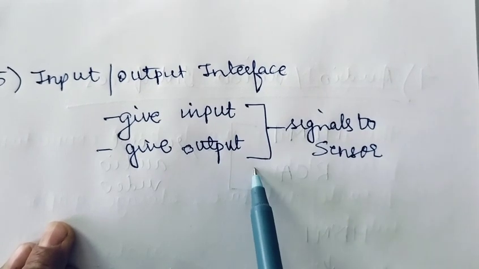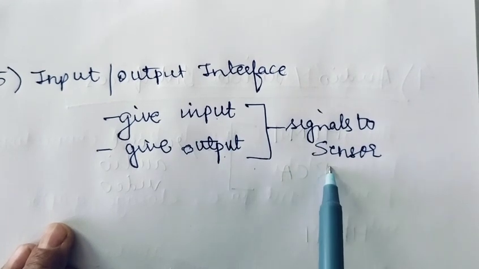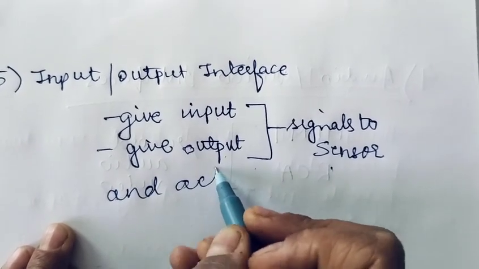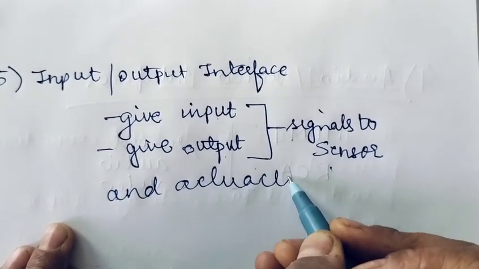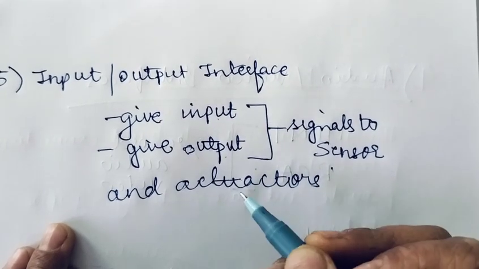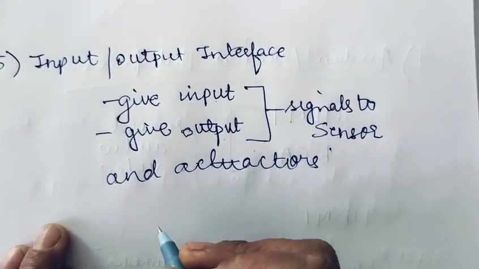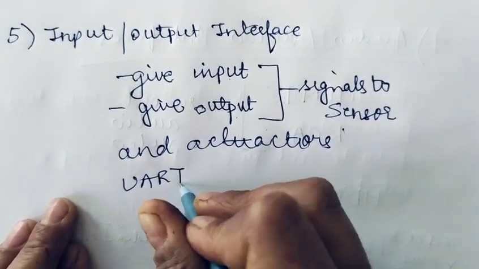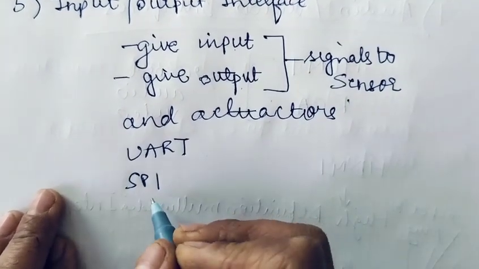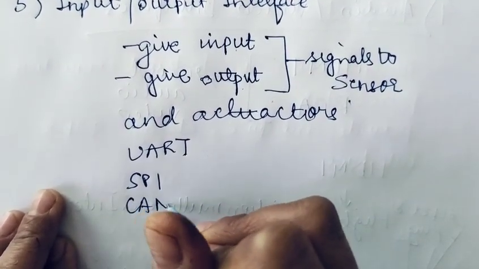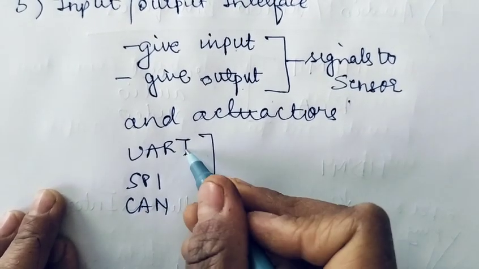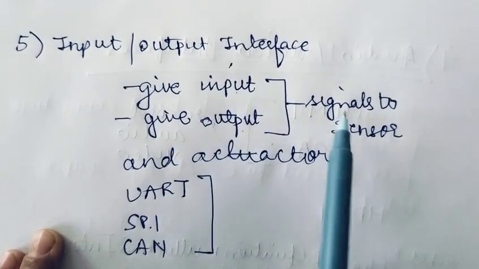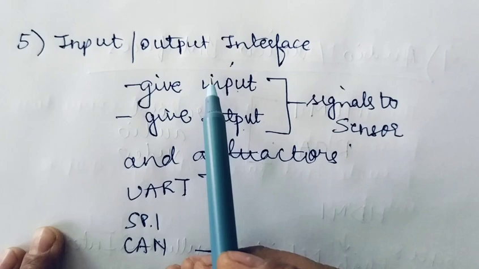To do this, we use things like UART, SPI, and CAN. Now we will discuss this in detail. UART, SPI and CAN are used for providing input and output signals to the sensors, hence they work as input and output interfaces.